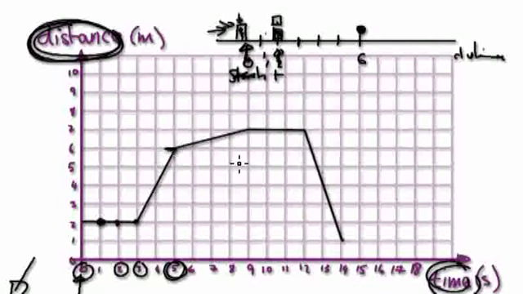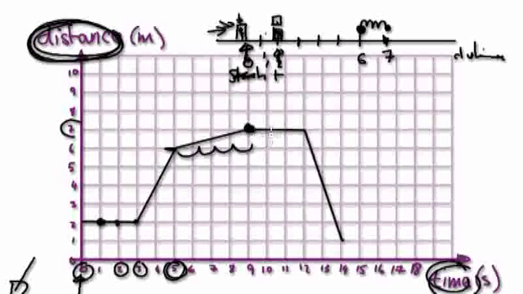So here, and then look what's going on here. At 9 seconds, so that's 1, 2, 3, 4 seconds later, you are at 7. So this is 7 meters away. You are here, 4 seconds later. You are now here.